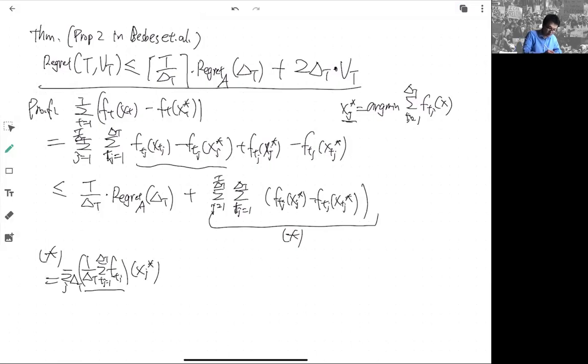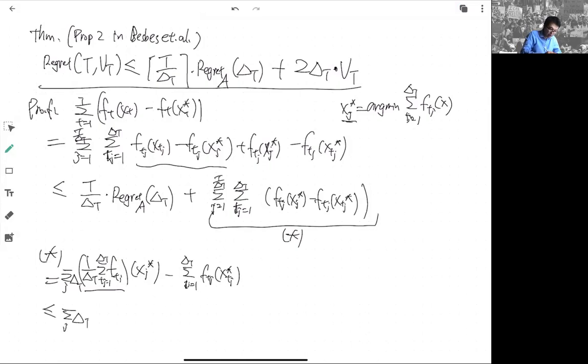So this is a function, right? I'm just rewriting this in a slightly different way: the sum of f_tj from 1 to delta t, and f_tj of x star t_j. So this is a pointwise optimal solution as usual. Okay, so the first thing that I'm going to apply is the optimality of this x_j star for the sum. So x_j star is obviously optimal for the sum. Therefore, I can replace x_j star with anything else.